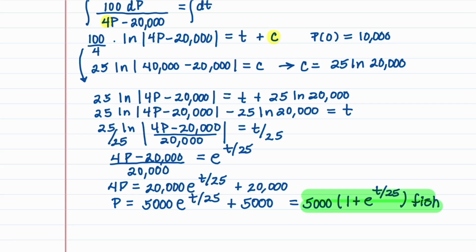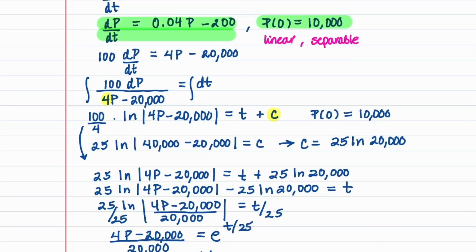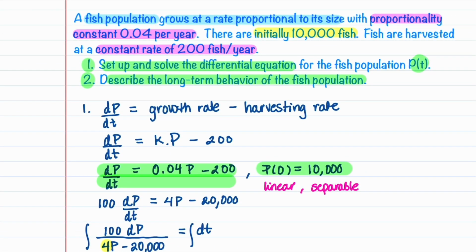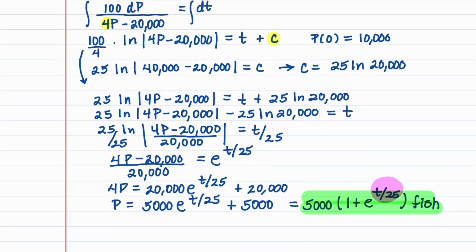Notice that because this term right here is positive, our fish population is going to grow exponentially. And that's exactly what we have to answer for our second question. We want to describe the long-term behavior of the fish population.